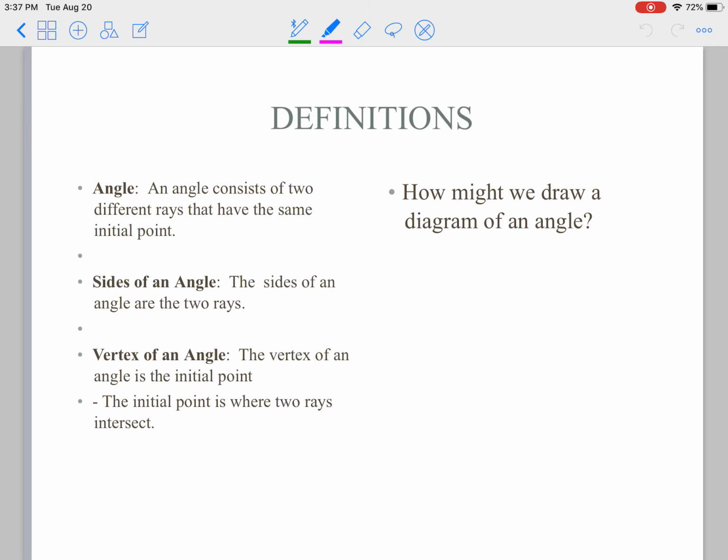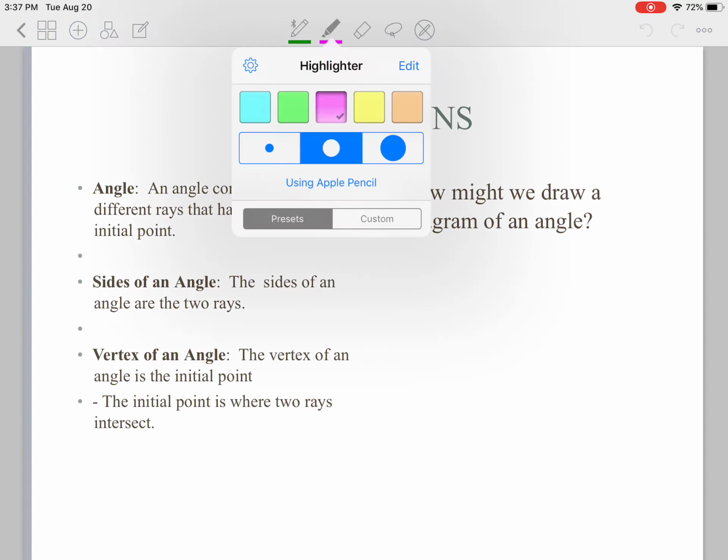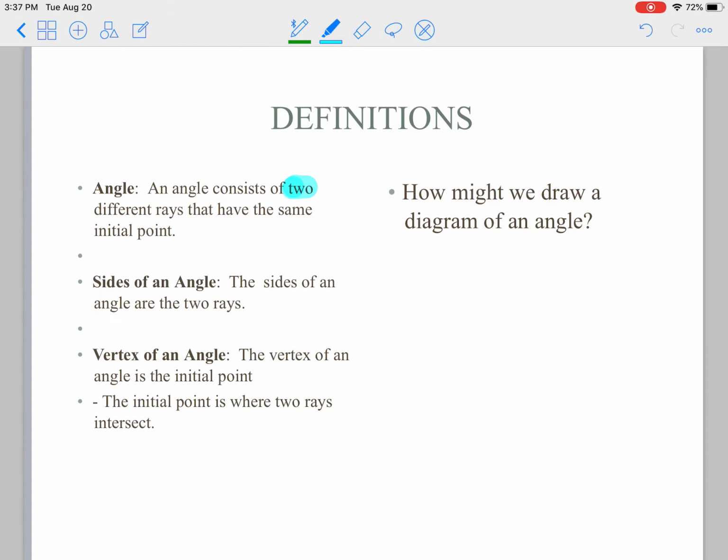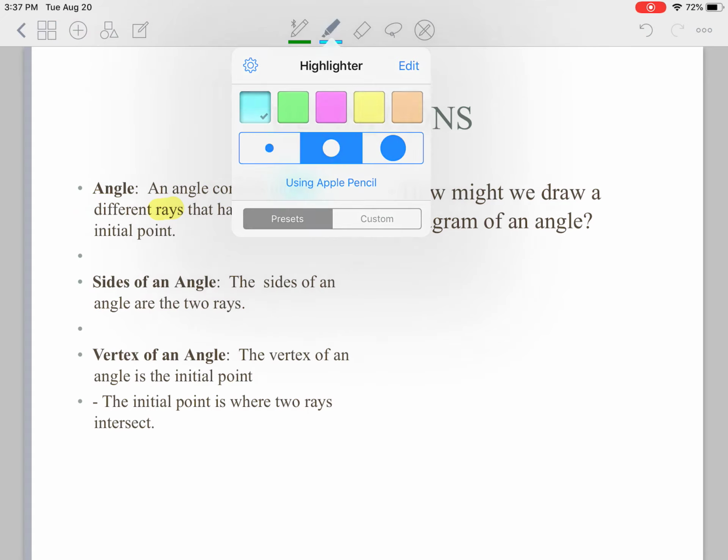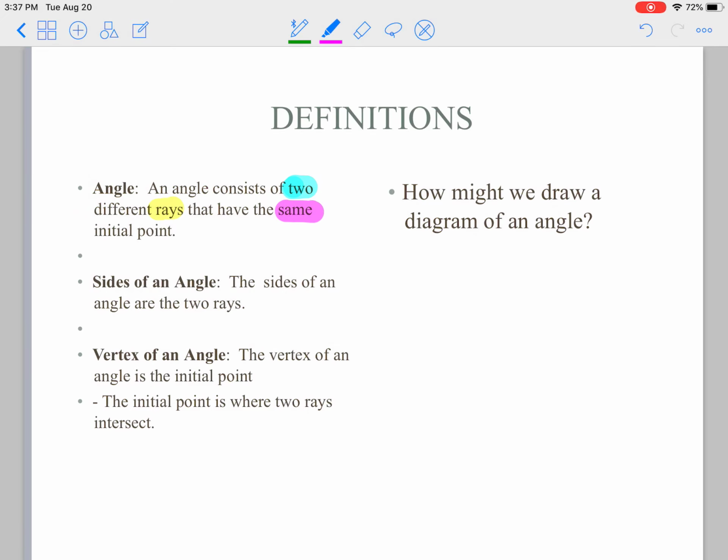So definitions. Our first definition is of an angle. An angle will consist of two different rays that have the same initial point.